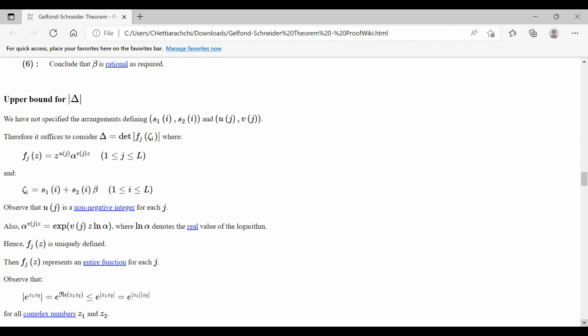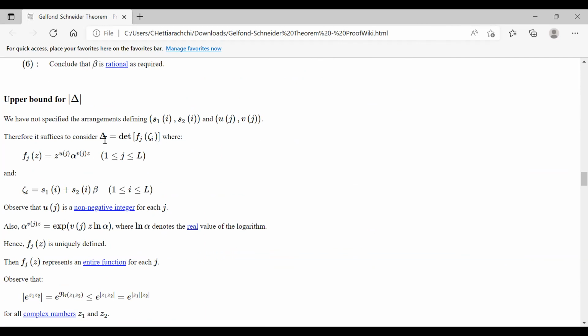So we are going to find an upper bound for the absolute value of delta, which is a determinant of the L by L matrix we just defined. We have not specified the arrangements defining s1i, s2i, and uj and vj. So now we are going to define them.